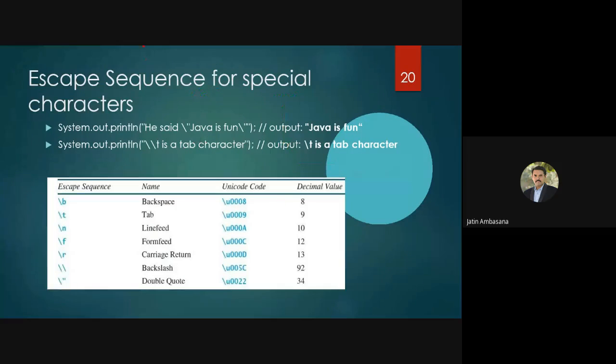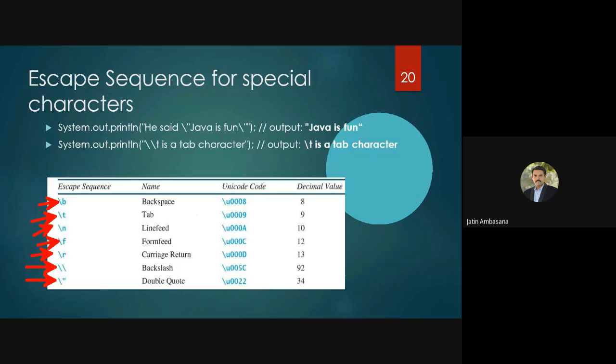so I hope you understand how we will be using special characters. Okay, which are the special characters? About 7 special characters are there. One is for backspace, one is for tab, then a line feed or new line is there, form feed is there, carriage return is there, and to use backslash literally and to use double quote literally there are escape sequences.